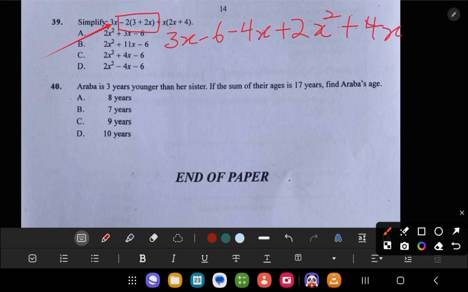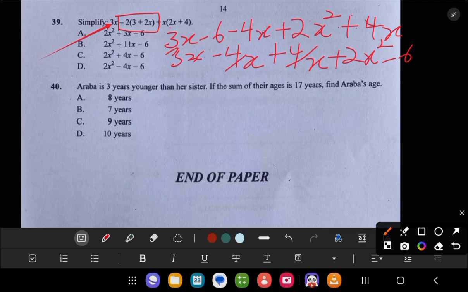So group like terms. 3x minus 4x plus 4x plus 2x squared minus 6. So this cancels that, because negative and positive cancel out.